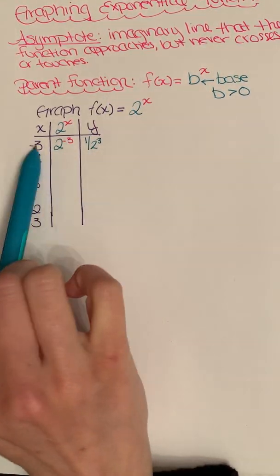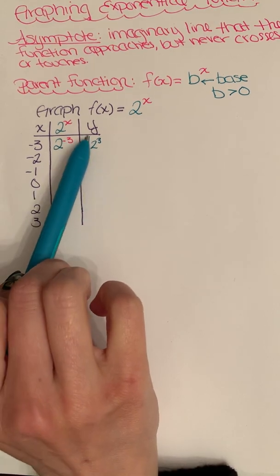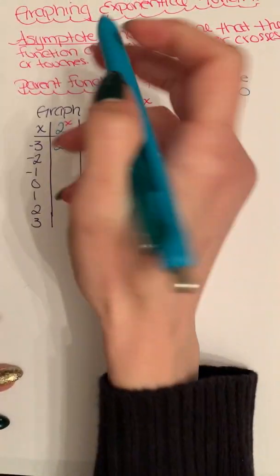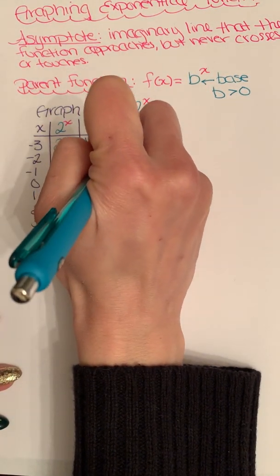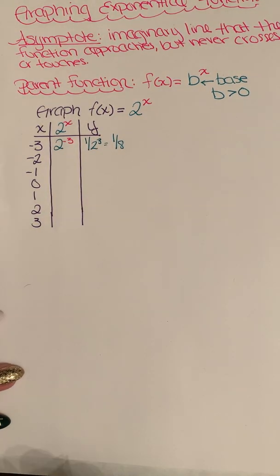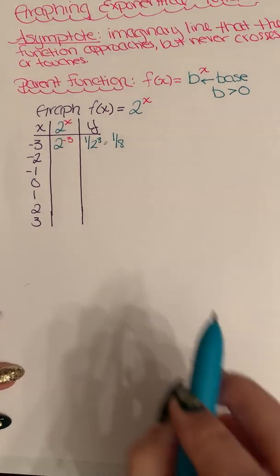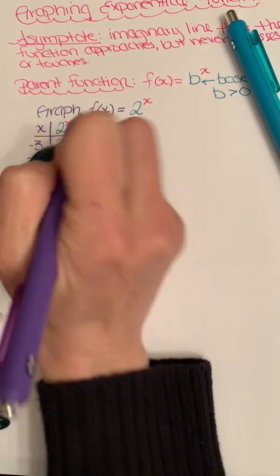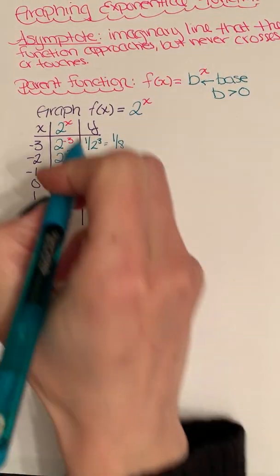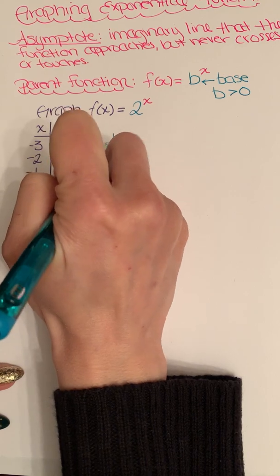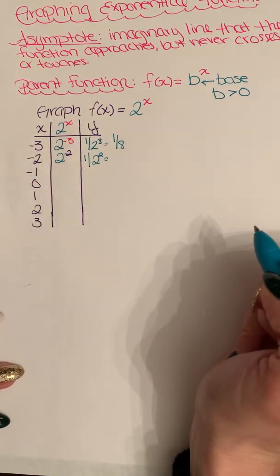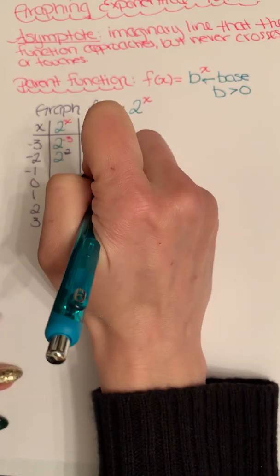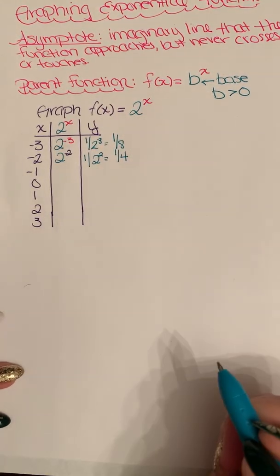If you don't remember that, you need to go back and revisit your exponent rules. And 1 over 2 to the 3rd is 1/8. Then we have 2 to the -2, which is 1 over 2 squared, which is 1/4.